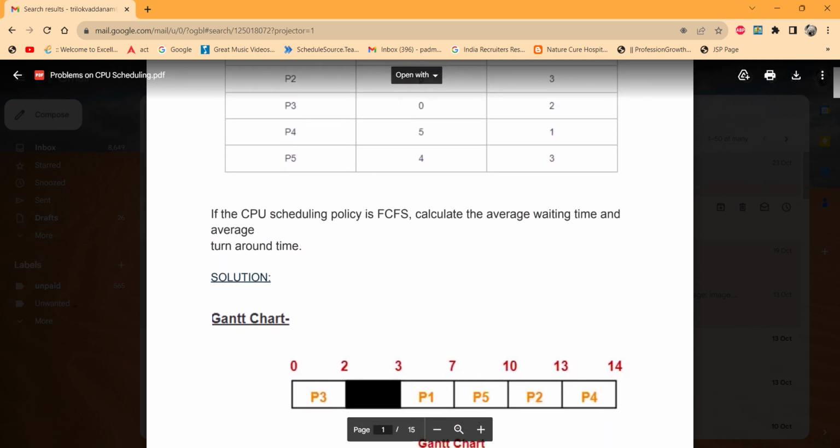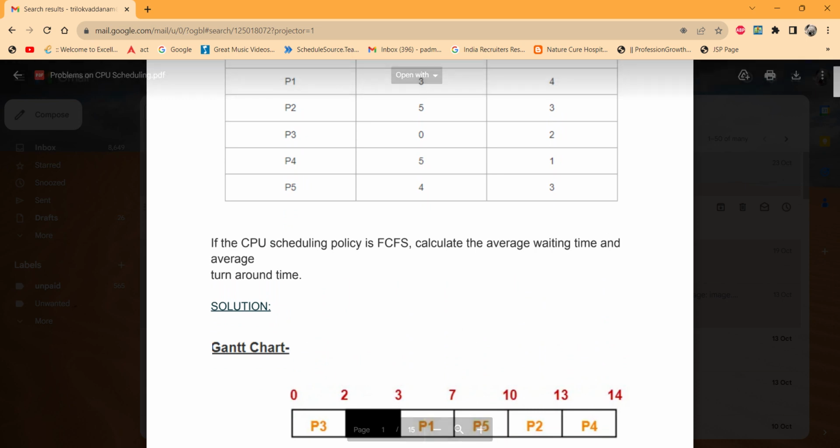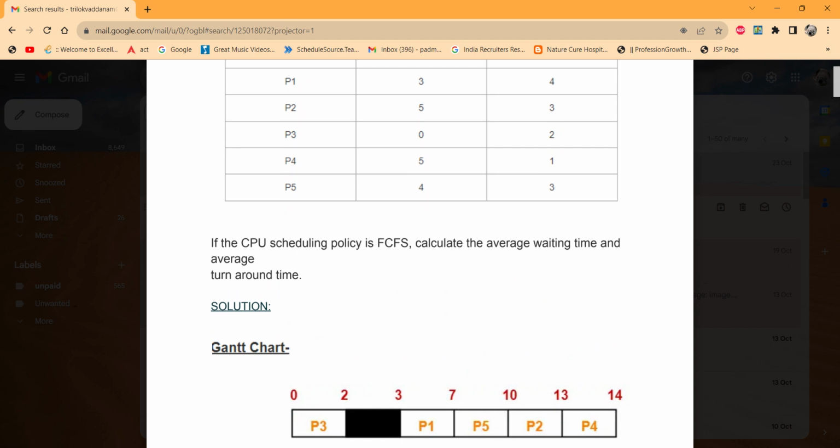My dear friends, as you can all see, the CPU scheduling algorithm that is adopted in this particular problem is first come first serve. As the name suggests, the process which arrives first will be attended first by the CPU.